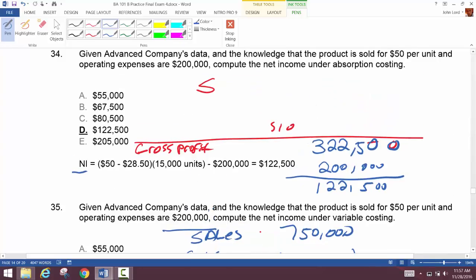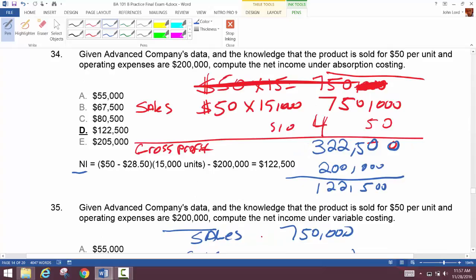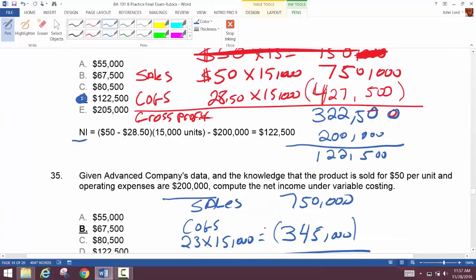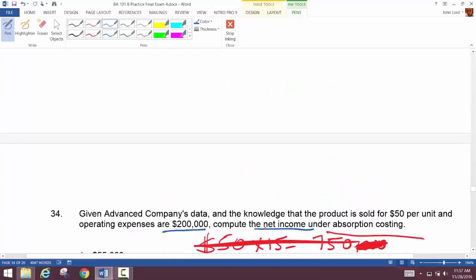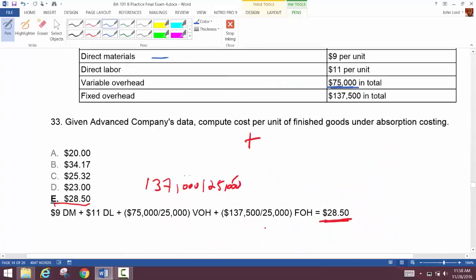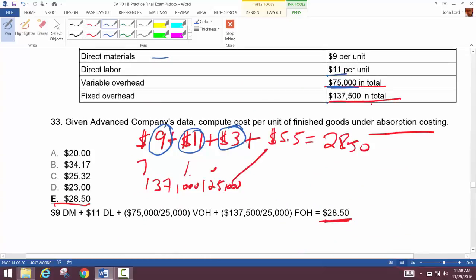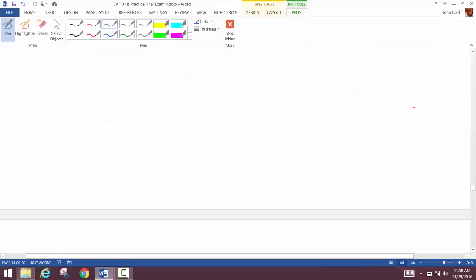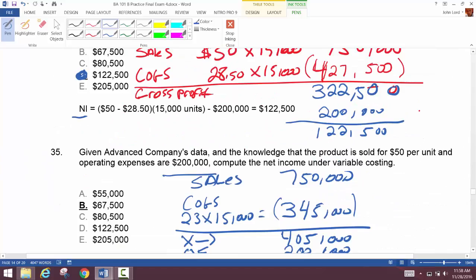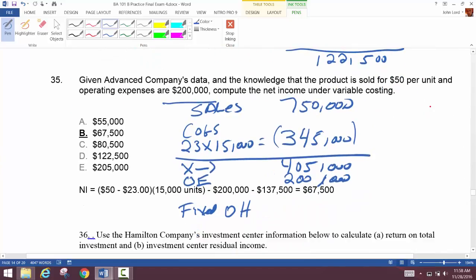We take all of it, don't we? Going back up to the problem, 137,500, right? We're going to take that whole amount. So we back out that whole 137,500. And we end up with what? 67,500 as our net income.